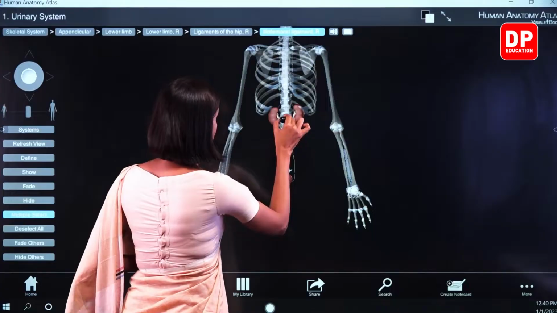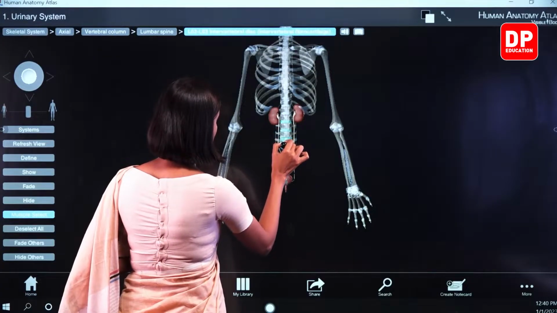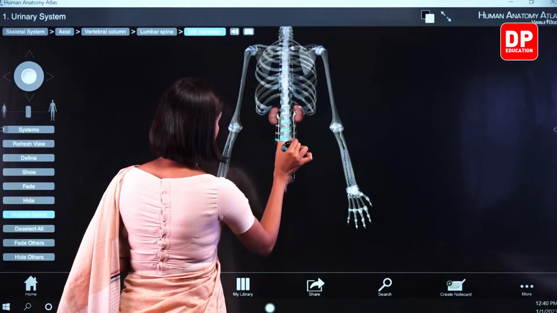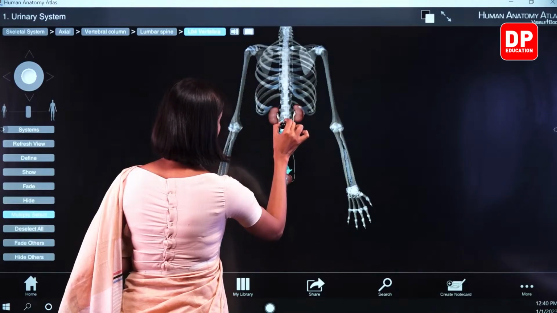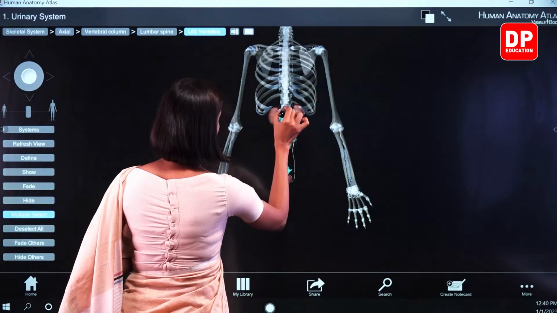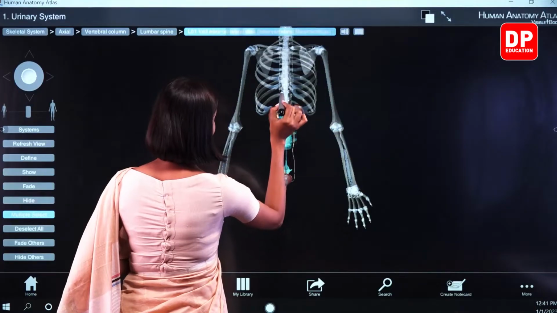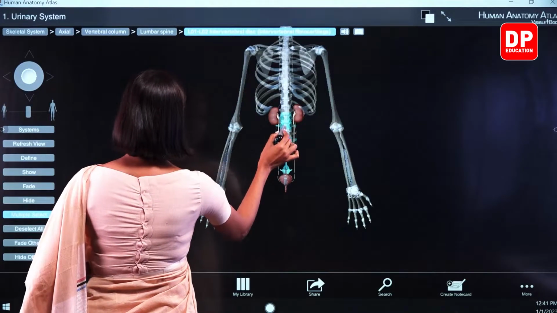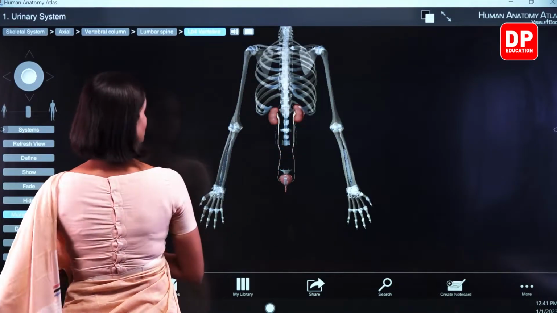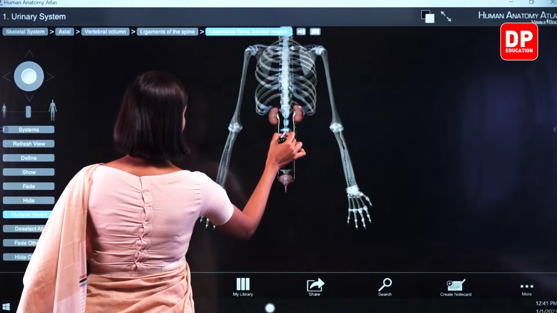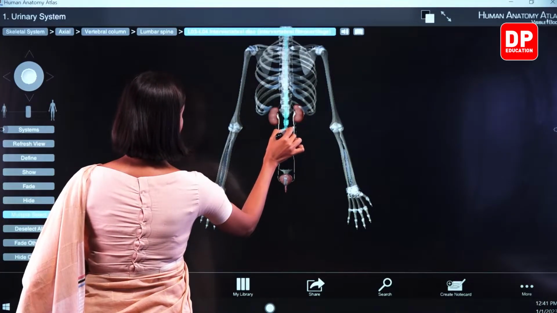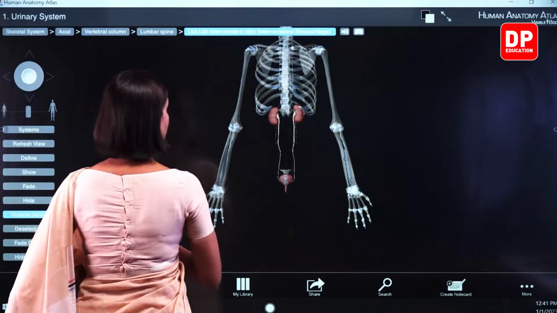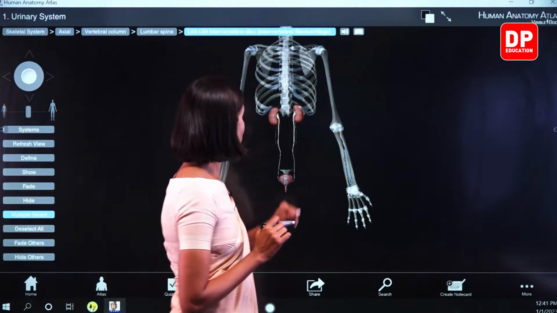Right? I'll remove even this one. You can get an idea where it is located. Right, children? How can you all see?